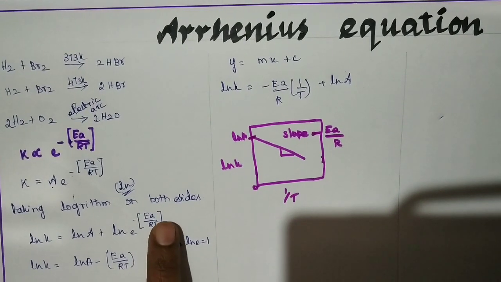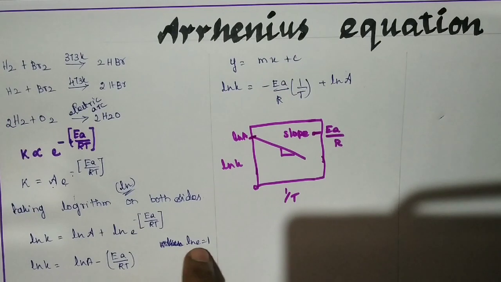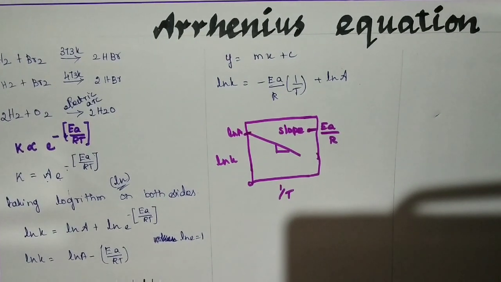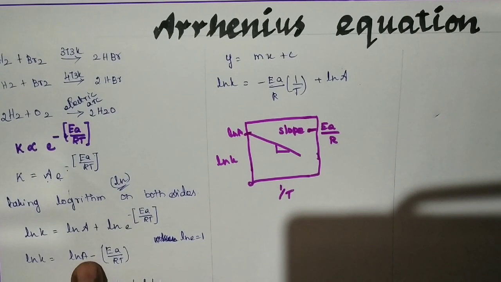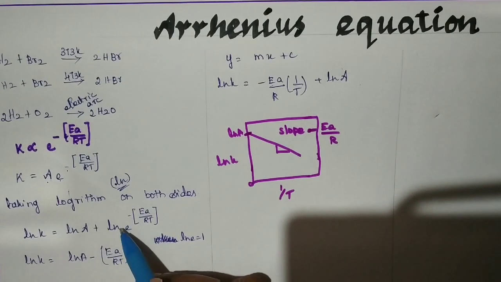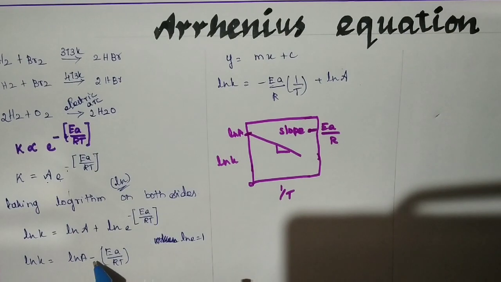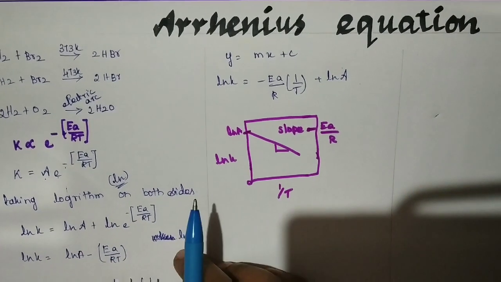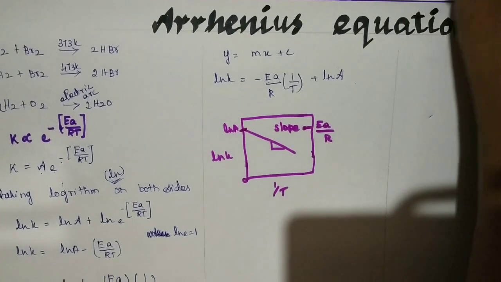Since ln e is equal to 1, ln k is equal to ln A minus Ea by RT.